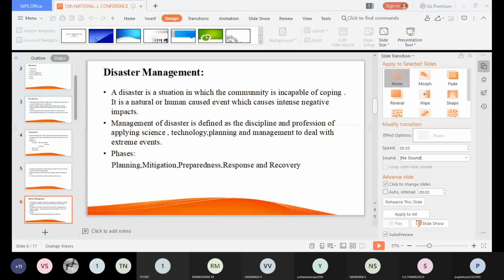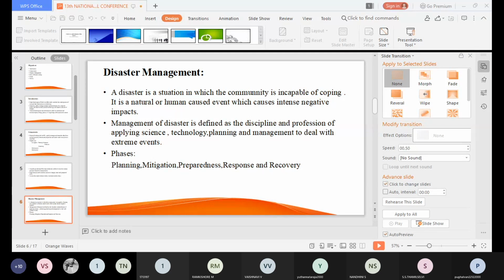Sorry, a disaster is a situation in which the community is incapable of coping. It is a natural or human caused event which causes intense negative impacts.